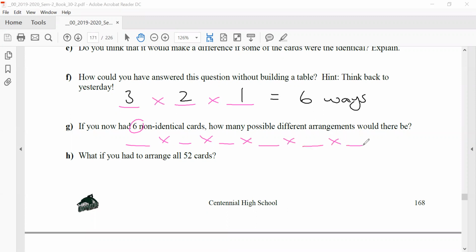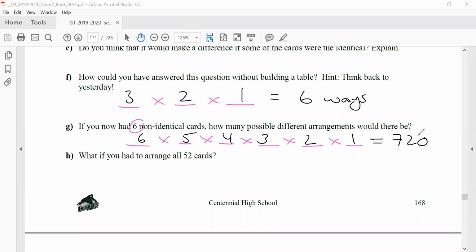I would be there all day. So mathematicians are inherently lazy, and we find a better way to do things. Maybe that's not lazy, maybe that's smart. So I'm going to multiply these all together. And I pick up my calculator and punch that in, and that should have said 720.